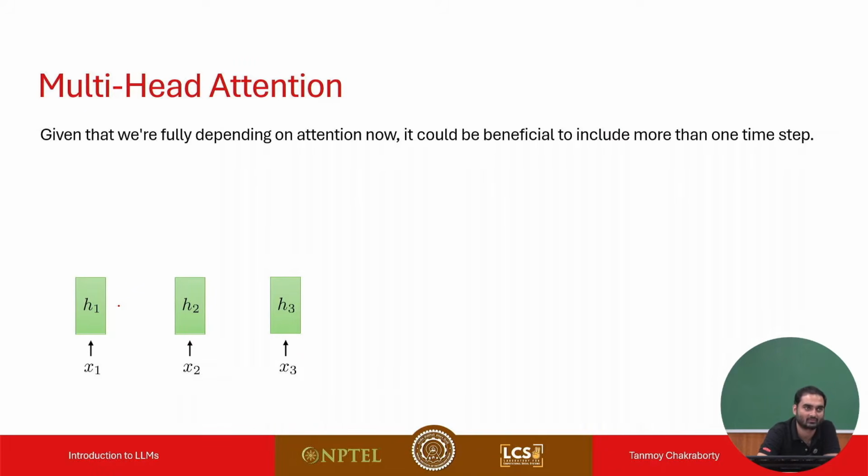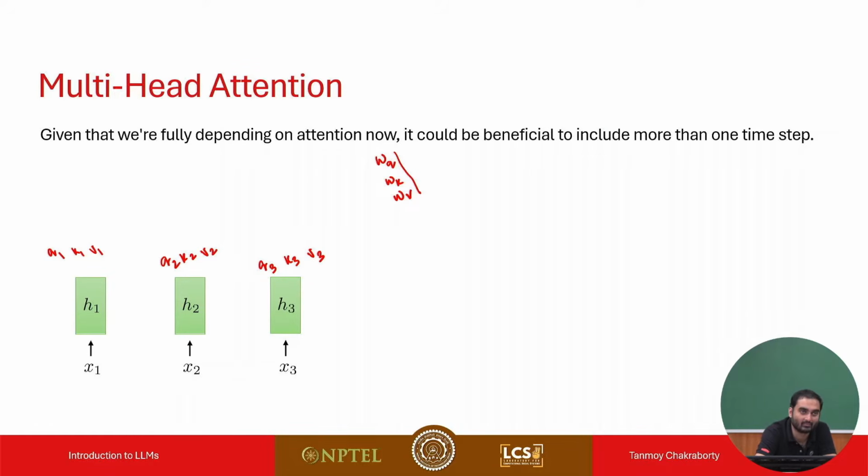In a single attention, we use query, key and value matrices, and we obtain Q1, K1, V1, Q2, K2, V2 and Q3, K3, V3 using these three matrices.